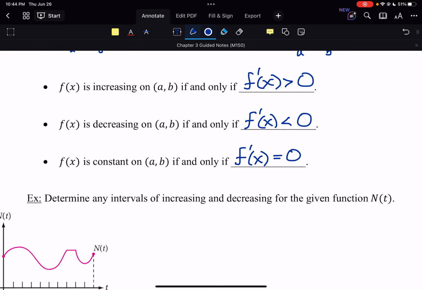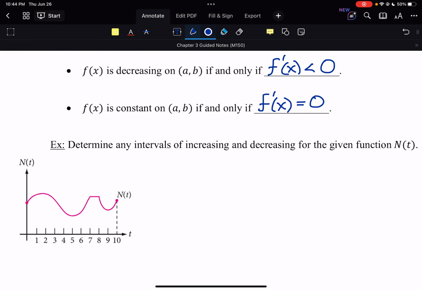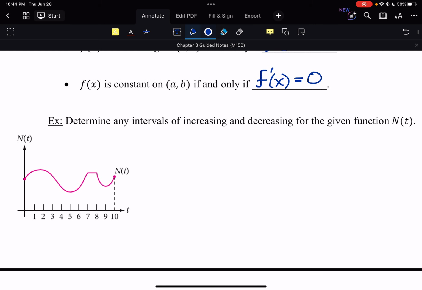So let's take a look at an example with a graph here. Determine any intervals of increasing and decreasing for the given function n of t. So I'm going to have our increasing and our decreasing here. So for our increasing, when you're given a graph like this, it's pretty easy to identify.